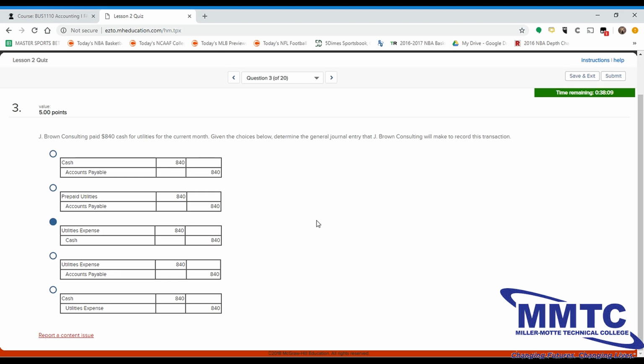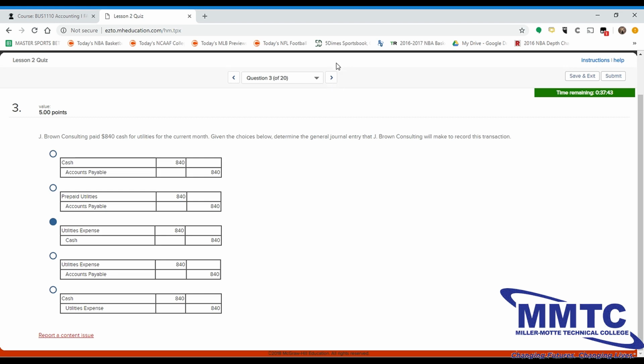You also got prepaid utilities. It would be prepaid utilities if it was for a month that we have not used yet. So if it had said we're paying utilities for all of 2019, then that's a prepaid expense. It's prepaid. You paid it early, in advance.